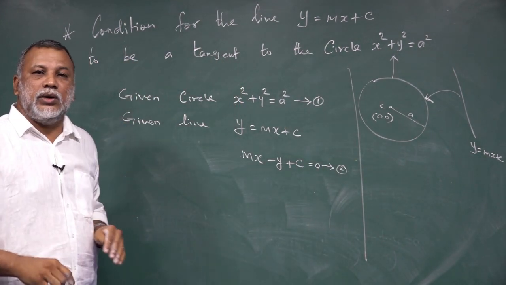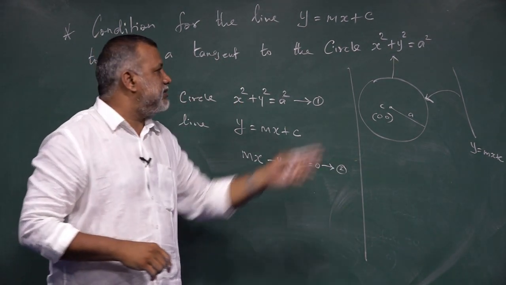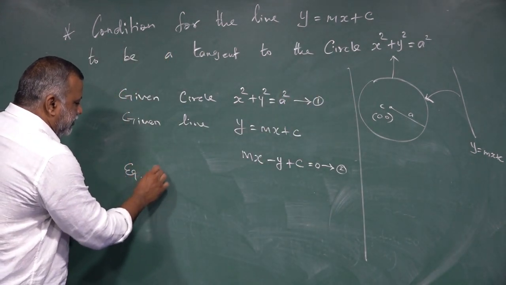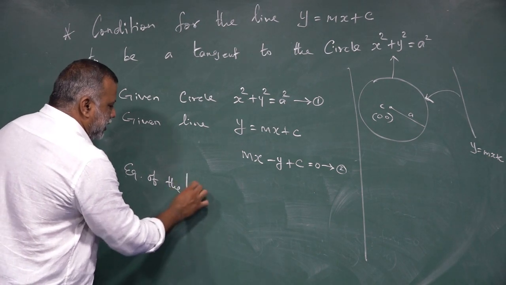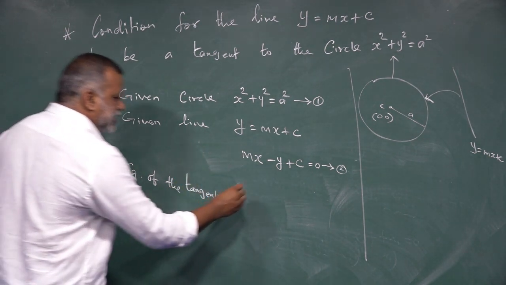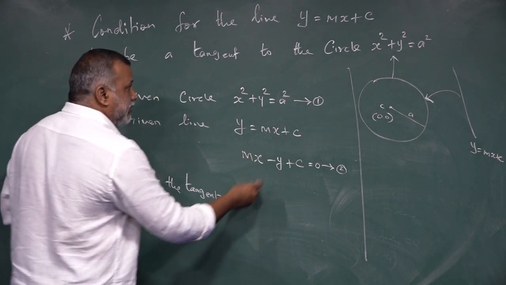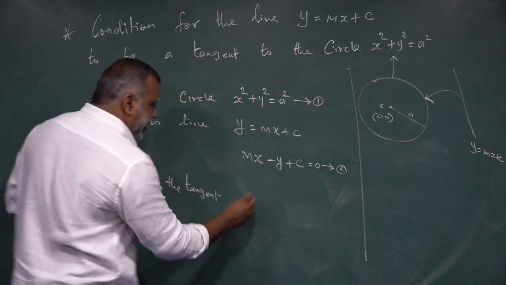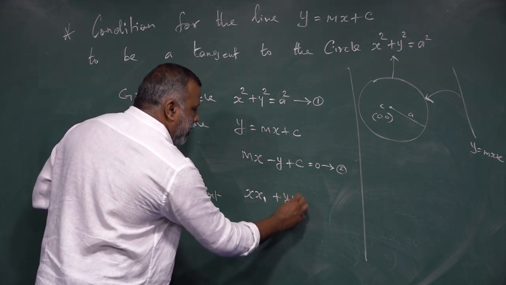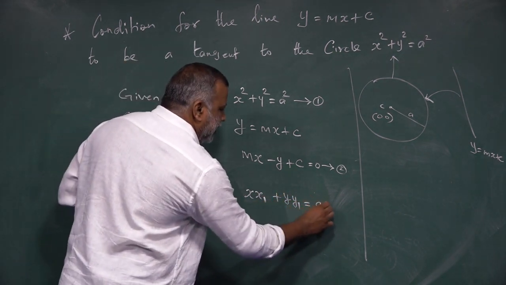Now we already worked out the equation of the tangent to the circle. What is the formula we already worked out? x squared is replaced by xx1, y squared is replaced by yy1, equal to a squared.